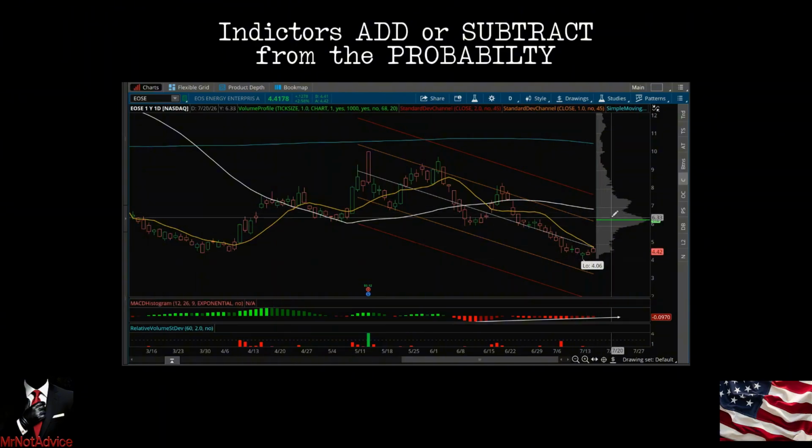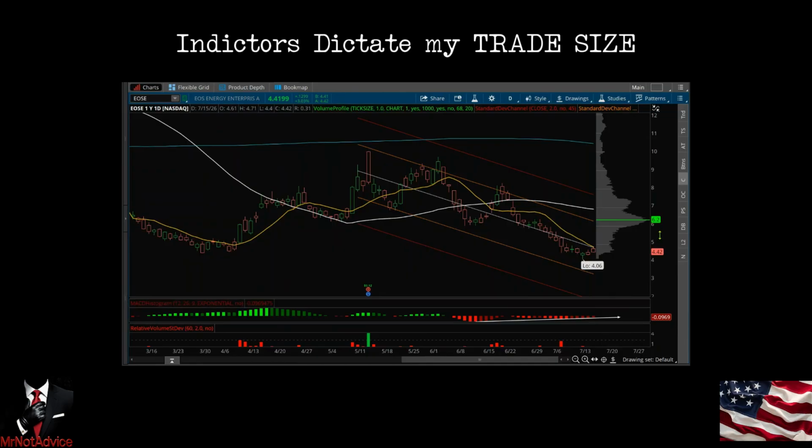I'm entering above the point of control, or not near the point of control, right? That allows me to keep my maximum position size of 4%. But if they were against me, I would already be sizing down. So it allows me to participate in a trade, but at the same time acknowledge that there's some longer term math involved that is telling me this is a higher risk area.